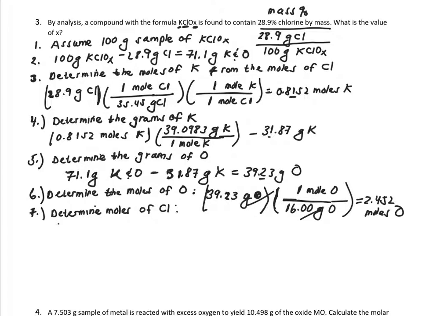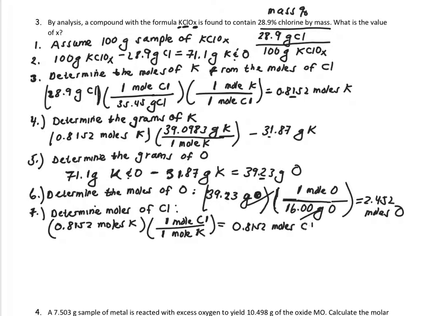Because if we have 0.8152 moles of K, and we know it's a 1-to-1 mole ratio, 1 mole of K for every 1 mole of Cl, that means we have the same number of moles, 0.8152 moles of Cl.